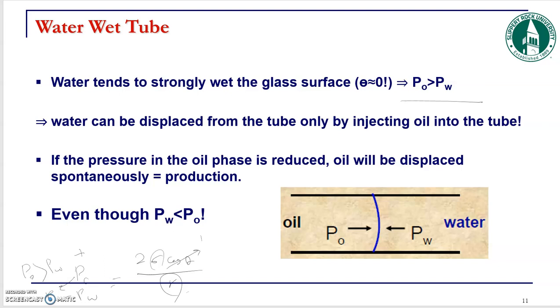The reason is that the water always tries to wet the surface, the net adhesion force. Now, when does it stop? If the pressure of the oil is not enough, the water will displace the oil completely.